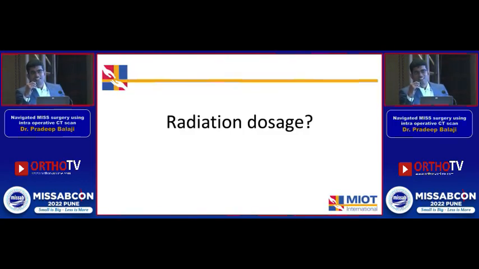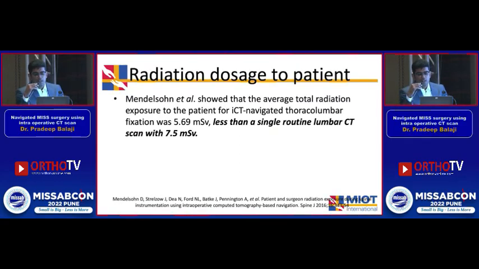We were so wary about the radiation dosage. Actually, it was scary to think about having a CT machine inside the day-to-day operating room. But as time goes, now we are able to take both preoperative and postoperative CT at a dosage similar to a conventional single thoracolumbar CT. Initially, we used to take a larger dose of radiation, but now we are able to do it with one-third of the radiation we used initially.